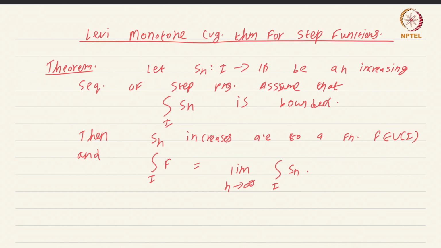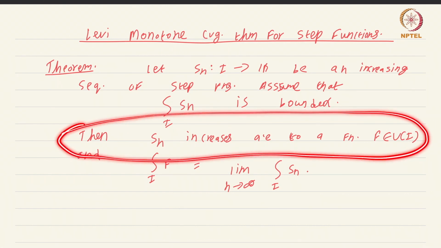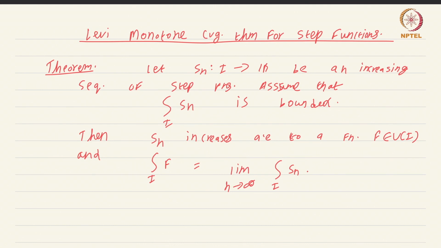Notice that the crucial thing in this theorem is that we automatically get a function f for free. When we defined this class of upper functions, we said that S_n generates f if these S_n's are increasing, as well as S_n increasing to f almost everywhere, and we also assume that the integral over I of S_n is bounded.